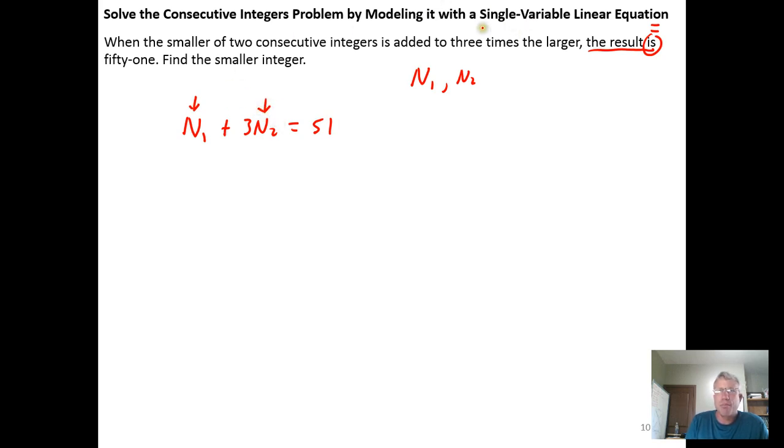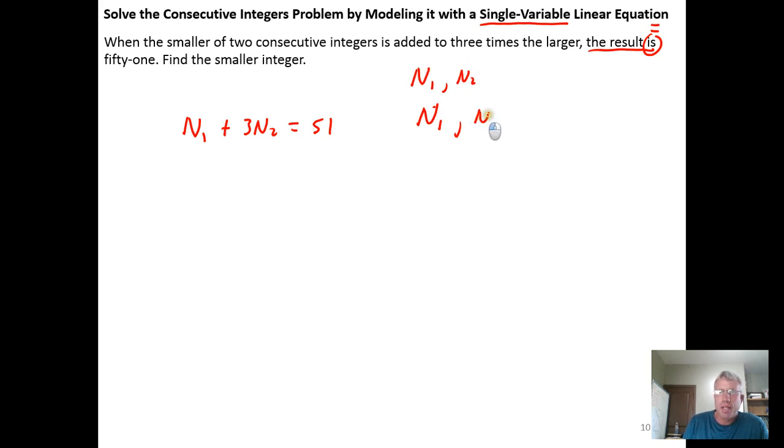And so the issue here is I have an equation, but the equation has 2 variables in it, and I'm asked to solve it by using a single variable linear equation. So what I need to do is to find a way to express these in terms of each other. So the first consecutive integer is n sub 1, but what we know is that the next consecutive integer is just going to be 1 bigger.